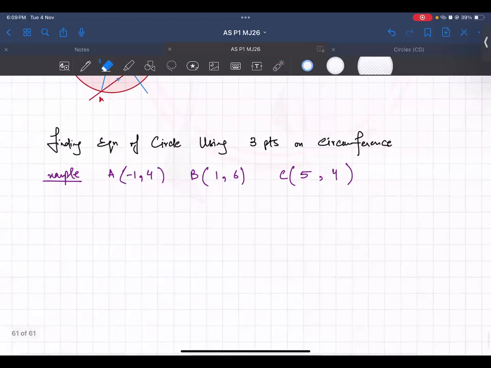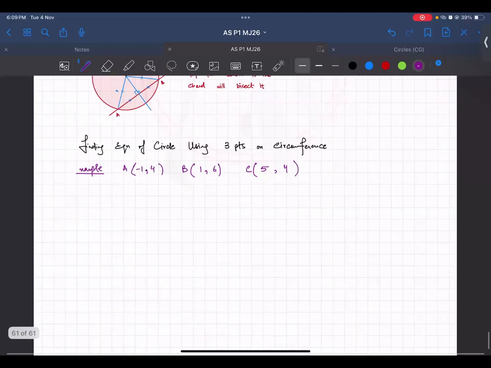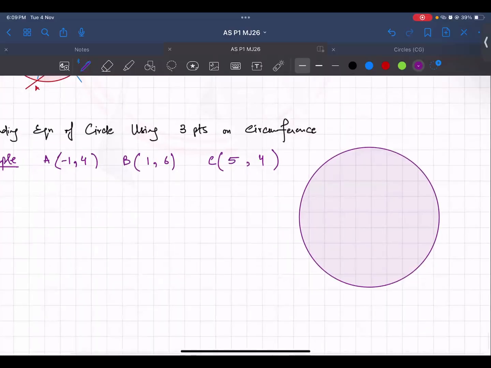So if you draw a simple diagram to understand this, there is a circle and there are 3 points given to you randomly. We don't know where these points are. They have given you A (-1, 4). Let's suppose B is over here, B is (1, 6), and let's suppose C is over here, (5, 4).